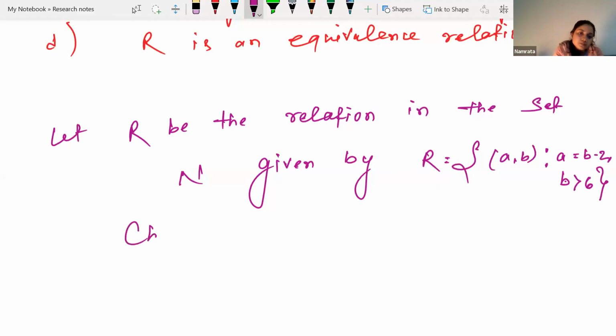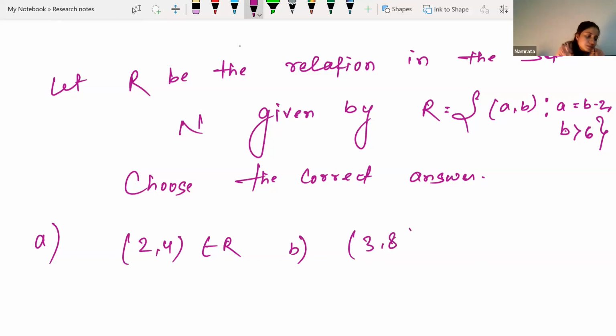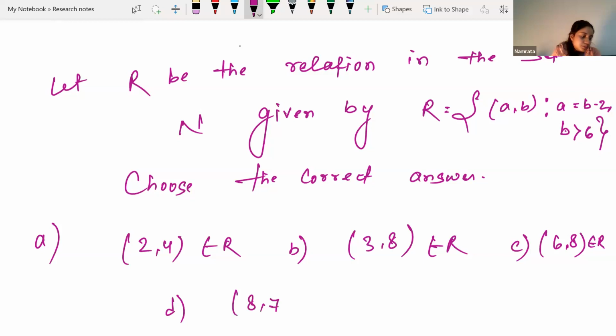Choose the correct option. This question I have taken from the previous year question paper. Option A, (2, 4) belongs to R. B, (3, 8) belongs to R. C, (6, 8) belongs to R. And D, (8, 7) belongs to R.